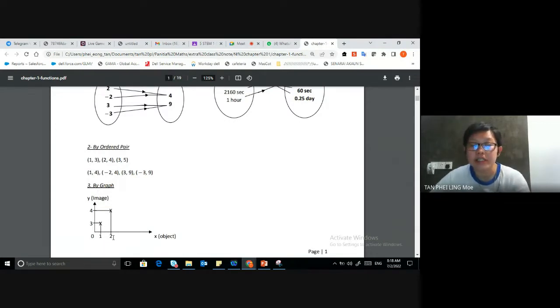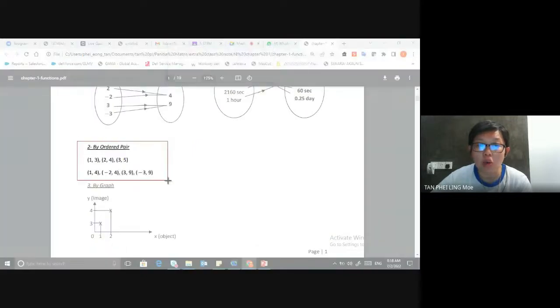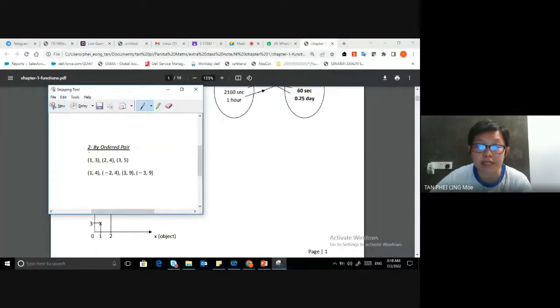So I think there should be no problem up to this point, right? Maybe there's one question. Teacher, when to put curly bracket, when not to put curly bracket for ordered pairs? For ordered pairs, we always encourage curly brackets, because we want to show that these are the object and image that we have.